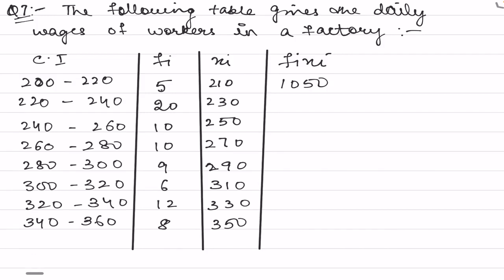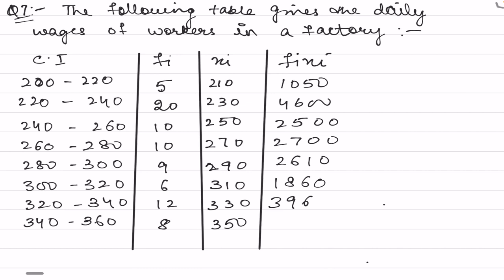First is 1050, 4600, 2500, 2700, then 2610, then 1860, then 3960, and the last is 2800. Now we will find the sum of fi xi and summation of fi.